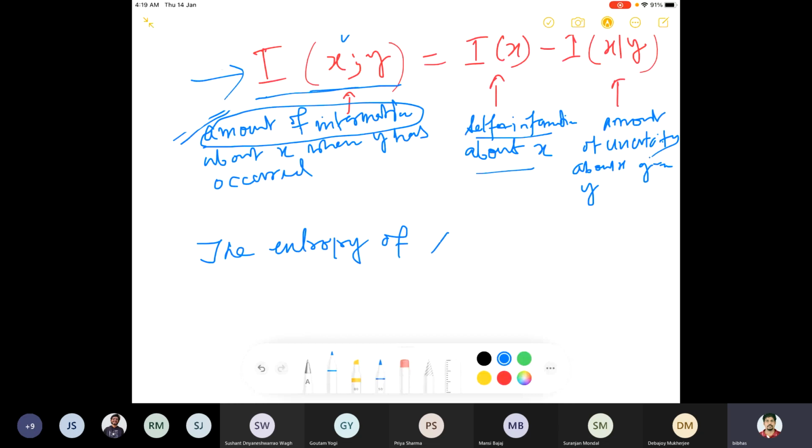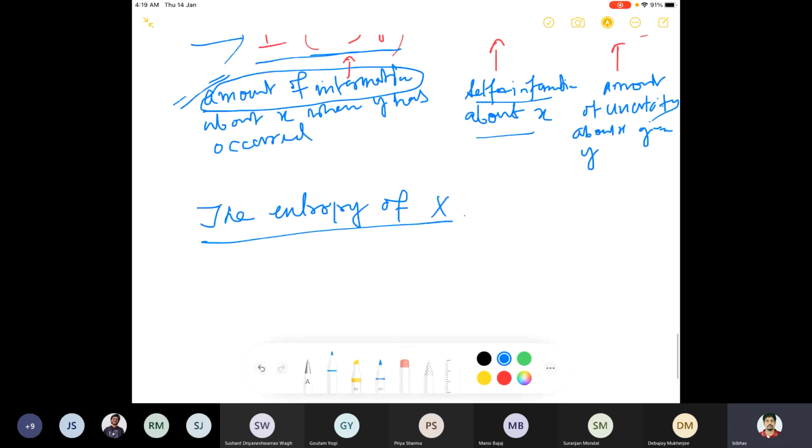Here it is entropy of X, because X is the information source in our course. This is defined as the average value of self information.